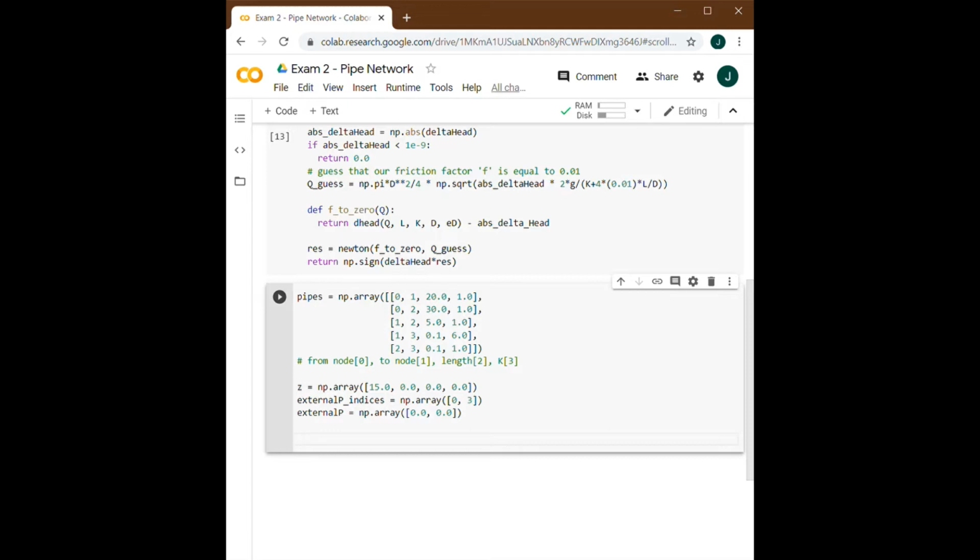The diameter of all of our pipes varies as we go, so we're going to have to create another array. So pipe diameter is going to equal numpy dot array.